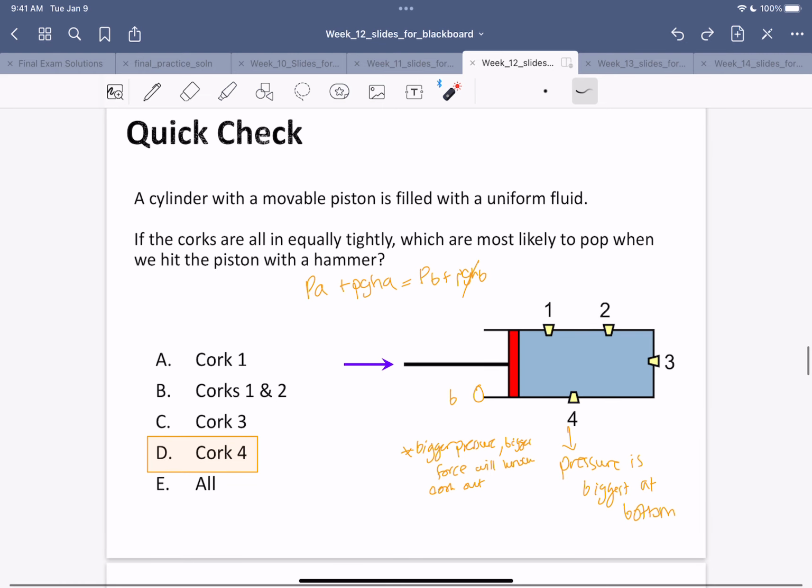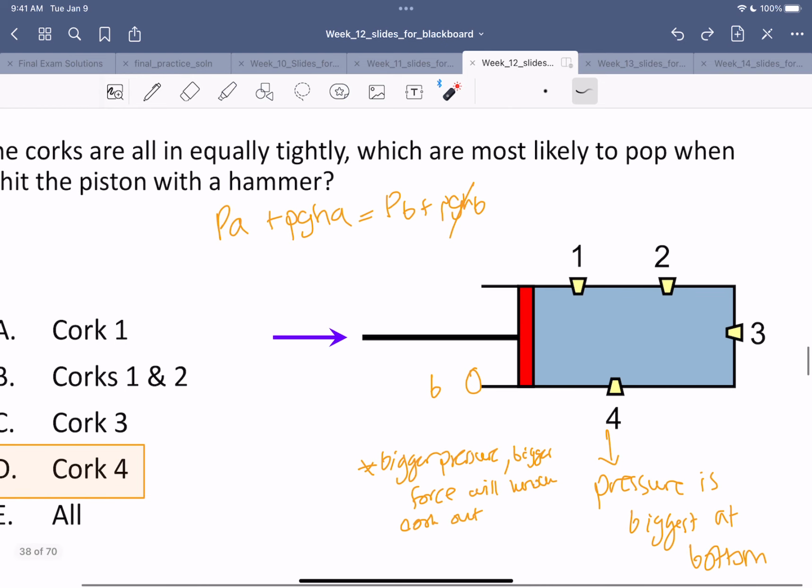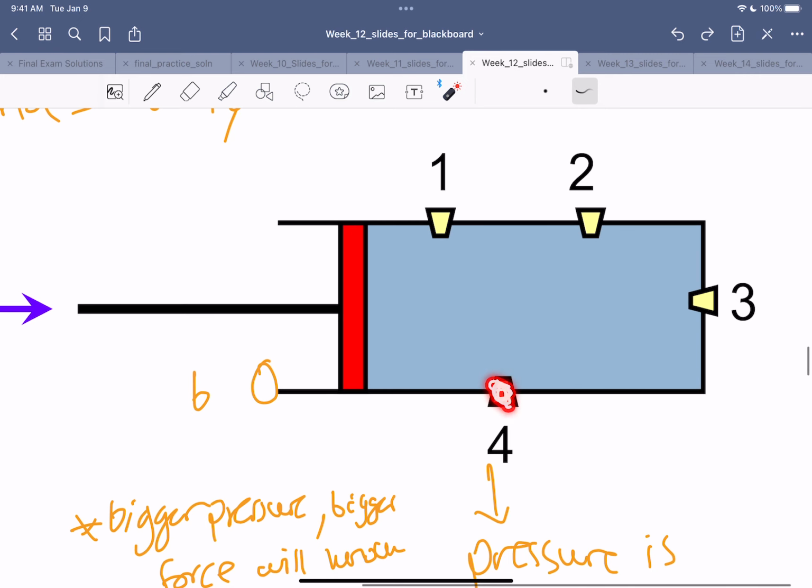However, I think in the newer slides for Dr. De Jong, they said height isn't negligible here. So the difference in height matters, since there is a difference in height between 1, 2, 3, and 4, right? Cork number 4 here is at the greatest depth. So remember what we said about pressure: as you go downwards, you see an increase in pressure, right?